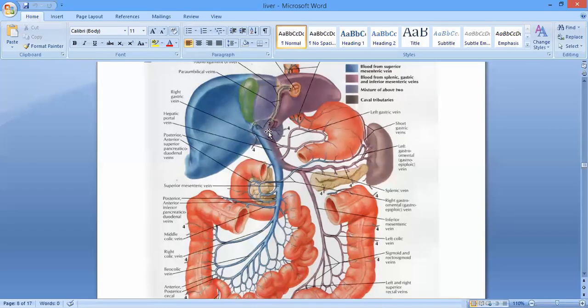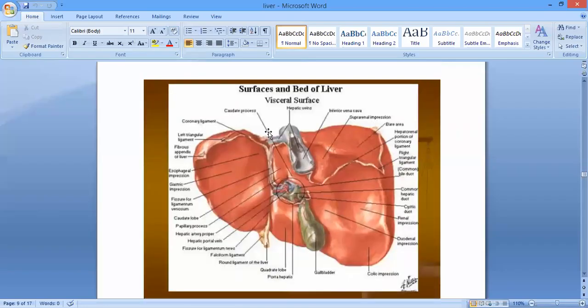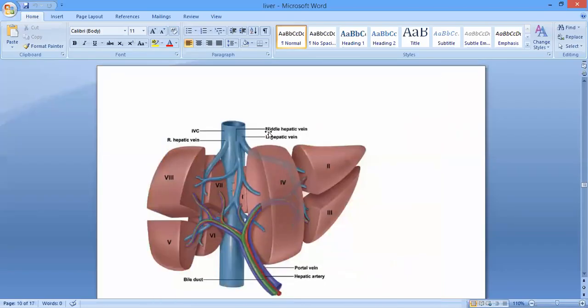Okay. As far as the hepatic veins are concerned, which are responsible for carrying the deoxygenated blood from the liver to the systemic circulation, that is basically done by the hepatic veins. Here you can see we have got three hepatic veins: the right, middle, and the left hepatic veins. ठीक है जी?